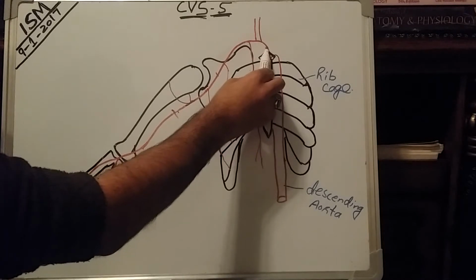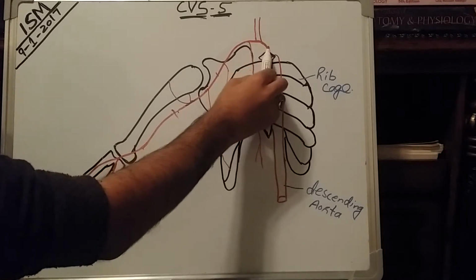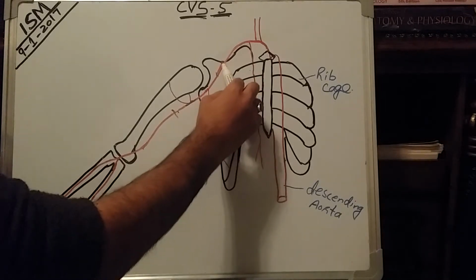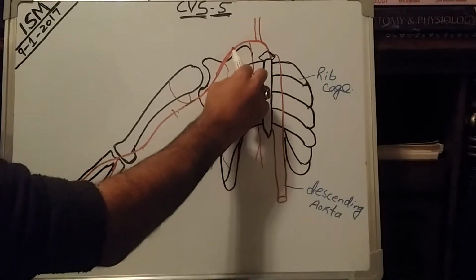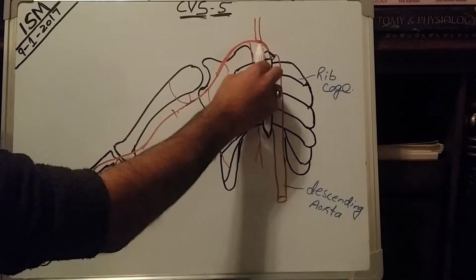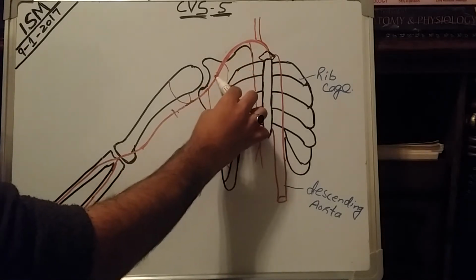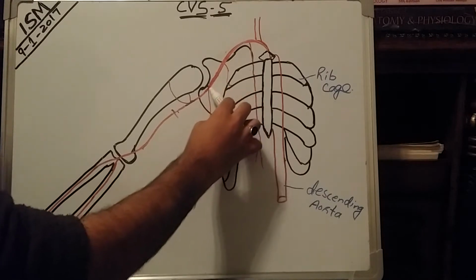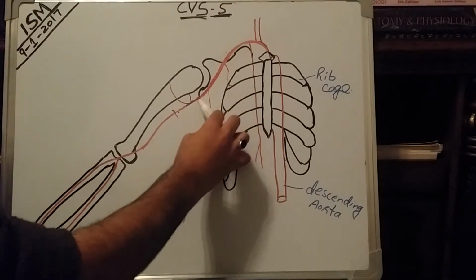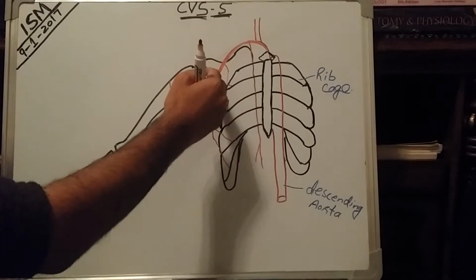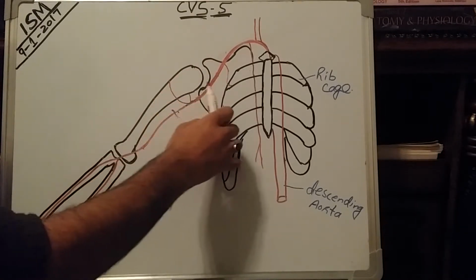The artery which is moving on the side, I made it as the subclavian artery. After the pectoralis minor, it becomes the axillary artery.